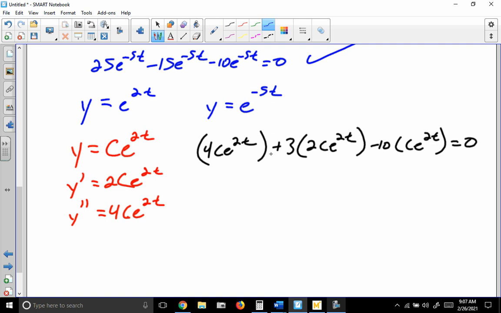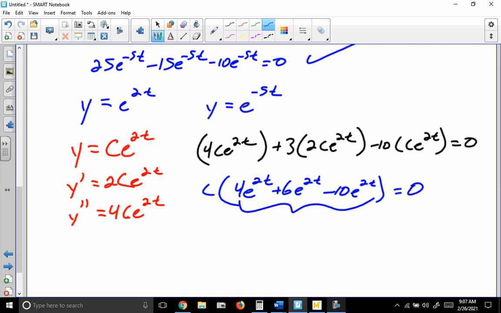Notice each of these terms has a common factor of C. So if we factor a C out, that gives us 4e^(2t), 3 times 2 is 6e^(2t), minus 10e^(2t). We've already seen that that's 0.